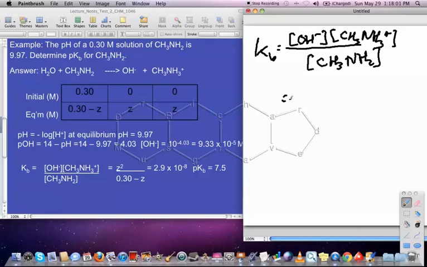Now we can just plug those values in. It'll be Z squared over 0.30 minus Z. Let's make that Z squared.